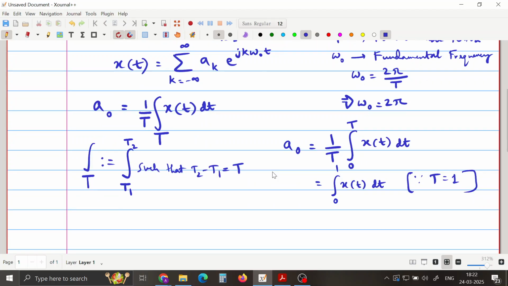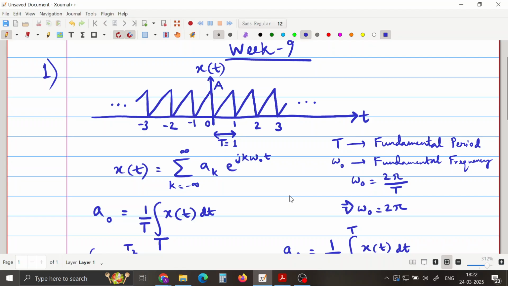So now what? The limits of integration are 0 to 1, and within this limit our function x of t is linearly increasing, as you can see. And what is the slope? The slope is basically capital A, because you are traversing one unit along the horizontal axis, whereas you are traversing capital A units along the vertical axis.